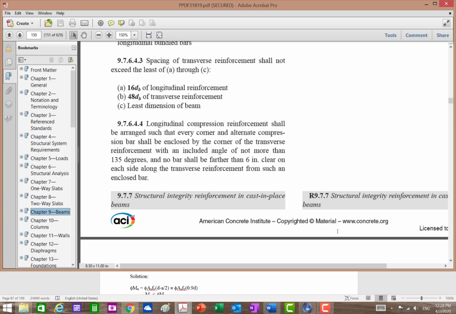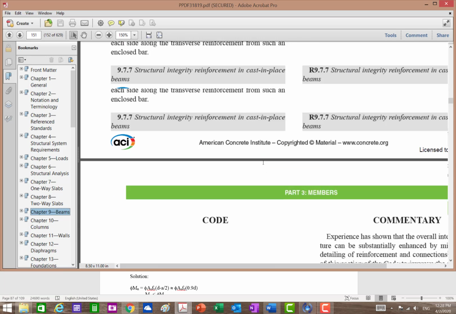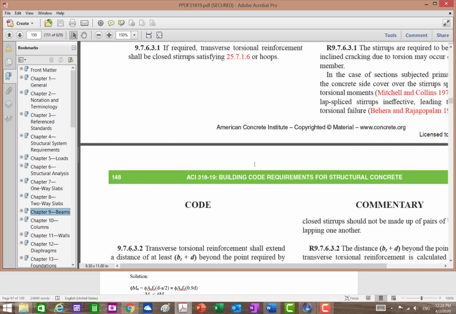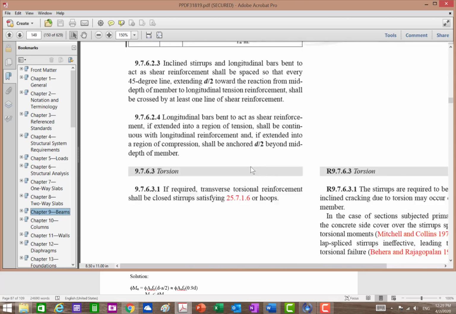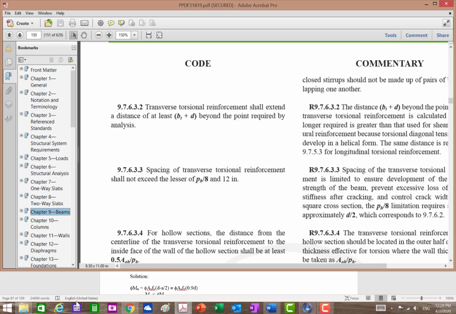I don't see a drawing there. So let me see if I can show you something. Maybe it was in columns where they have it, but there is a drawing in the ACI. So let me do this.